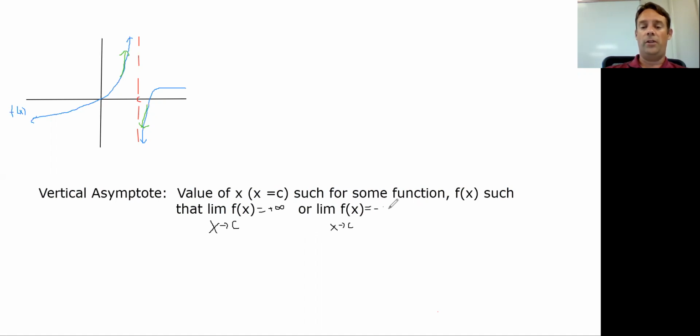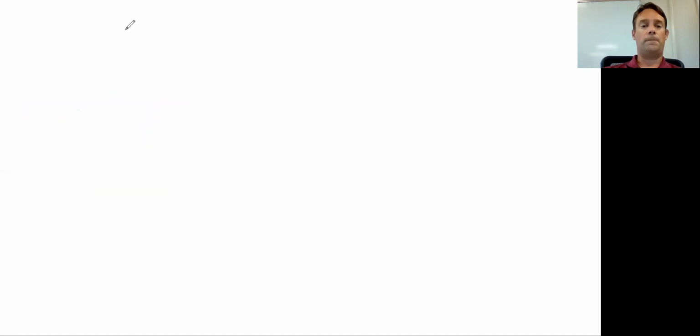So it could be a one-sided limit as well. It doesn't have to be just the actual value. So it turns out a vertical asymptote isn't a line, it's a value. It's an x value that when we take the limit of a function, it goes to positive or negative infinity. That's what it is.